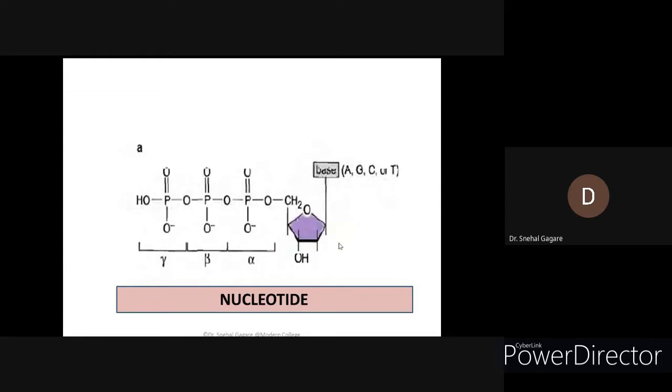Pentose, why? Because it has 5 carbons: 1 prime, 2 prime, 3 prime, 4 prime, and 5 prime. So it is called a pentose sugar.